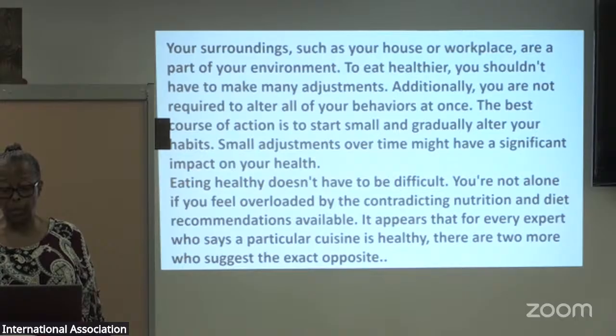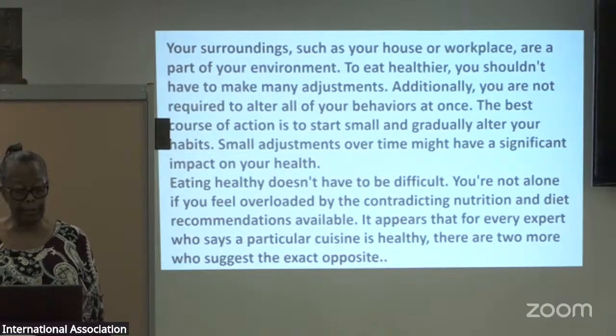Additionally, you are not required to alter all of your behavior at once. The best course of action is to start small and gradually alter your habits. Small adjustments over time might have a significant impact on your health.